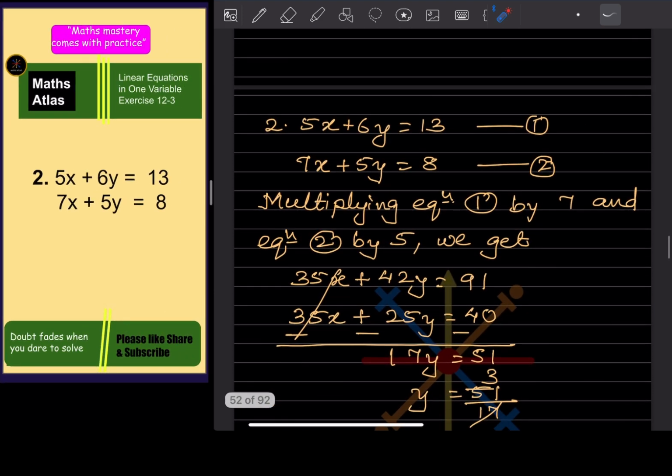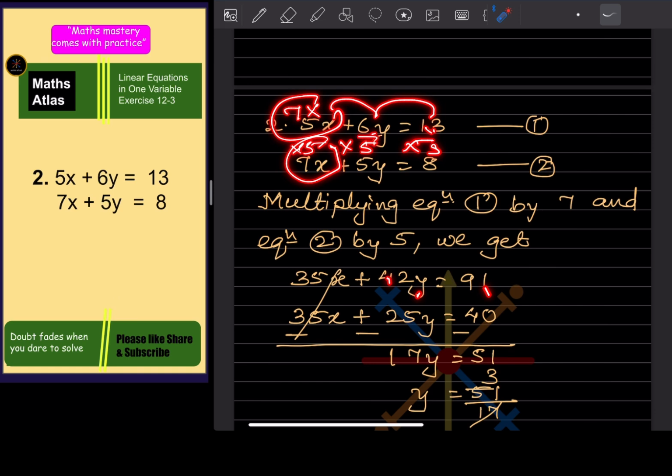Now let us see question number 2. Same thing. These are the two equations given, so we can consider them as 1 and 2. Here we can see the coefficients of x are 5 and 7, so we'll make them equal. The whole first equation should be multiplied by 7, and the second by 5. So this will be 35x plus 42y is 91, and this is going to be 35x plus 25y is going to be 40.